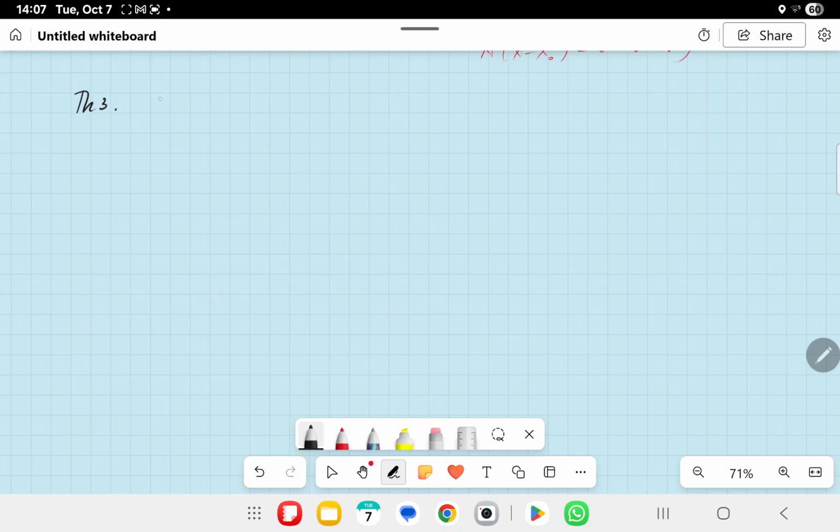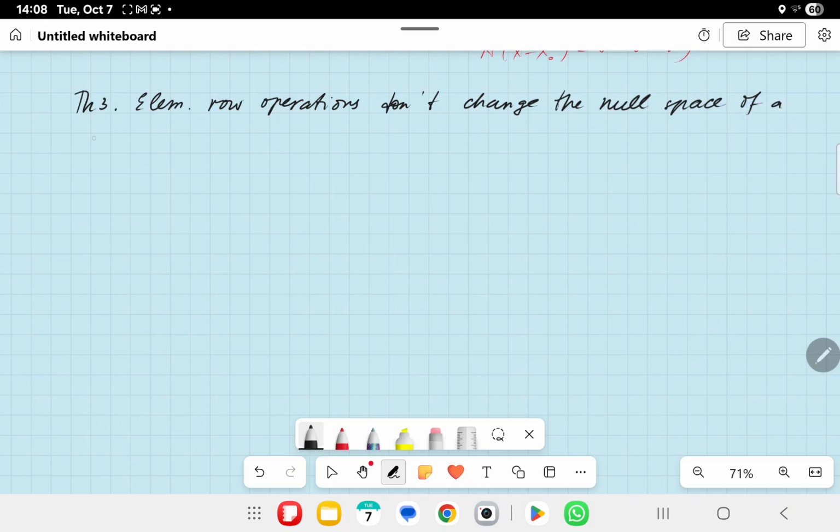So theorem number 3: elementary row operations don't change the null space of a matrix. Well, why does it happen?